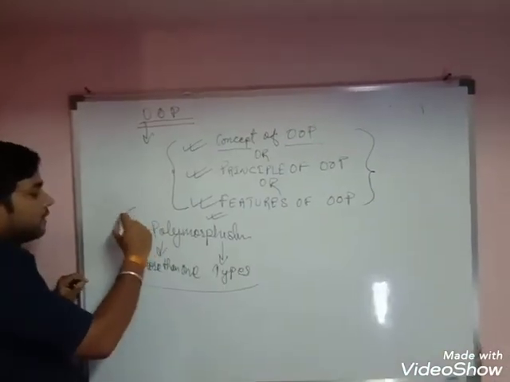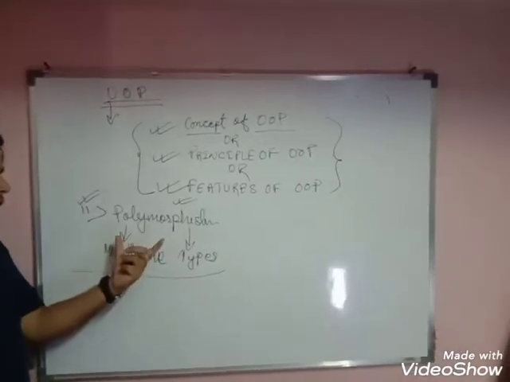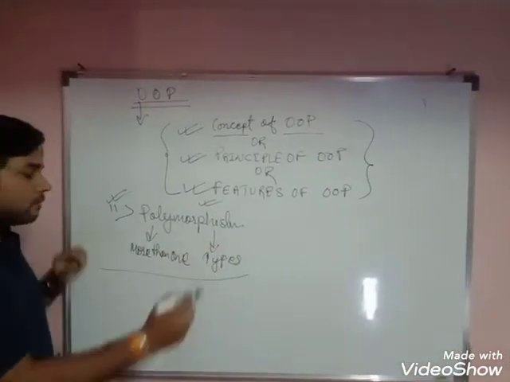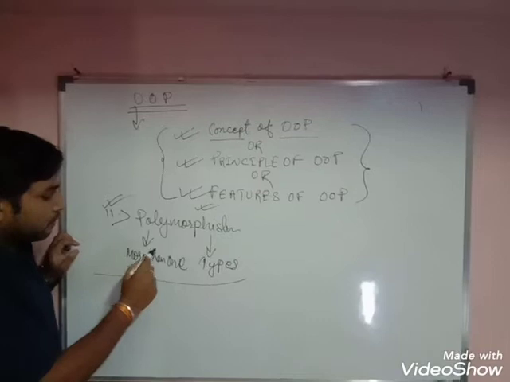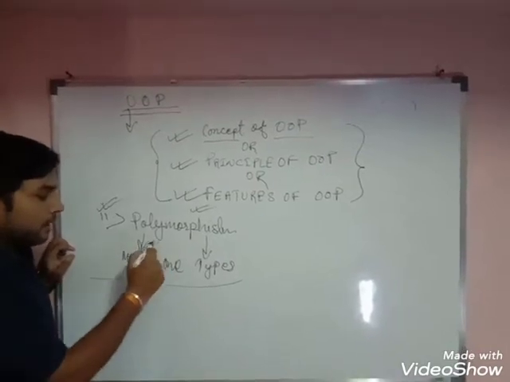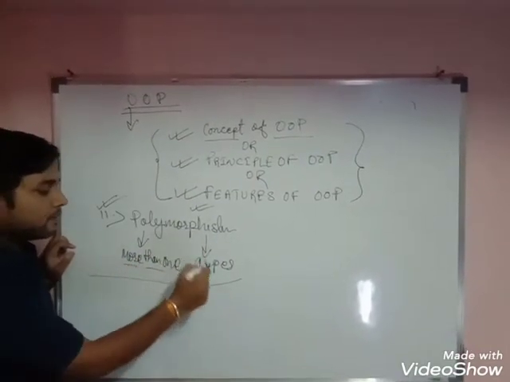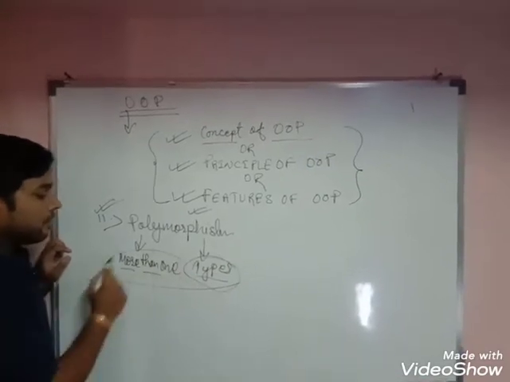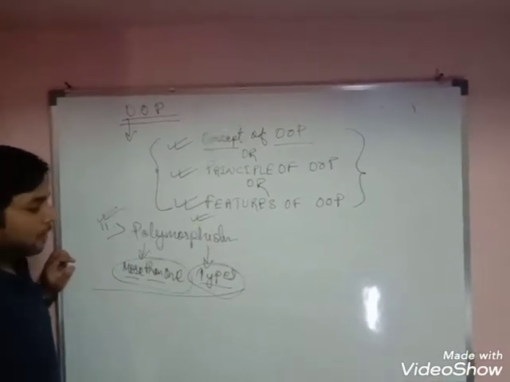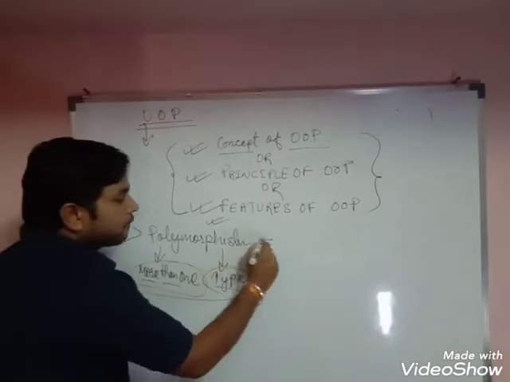Now we have to learn the next concept of object oriented programming, that is polymorphism. Polymorphism is made from two words: poly, which means more than one, and morphs, which means types. What does polymorphism mean?